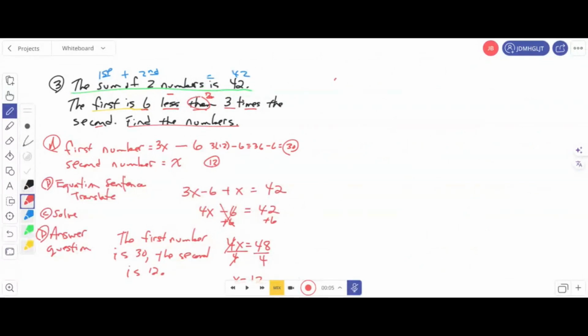Look at number 4. Number 4 says the greater of two numbers is 9 more than the smaller.